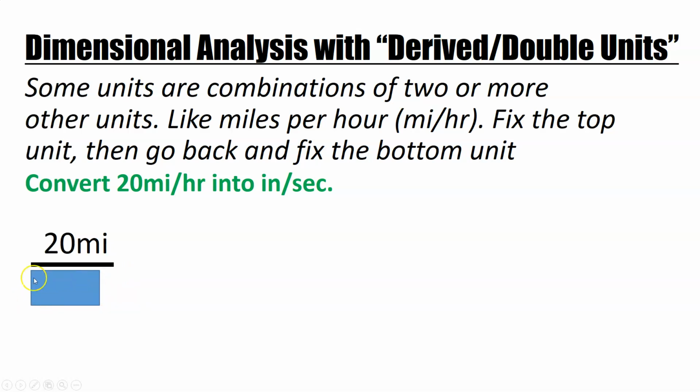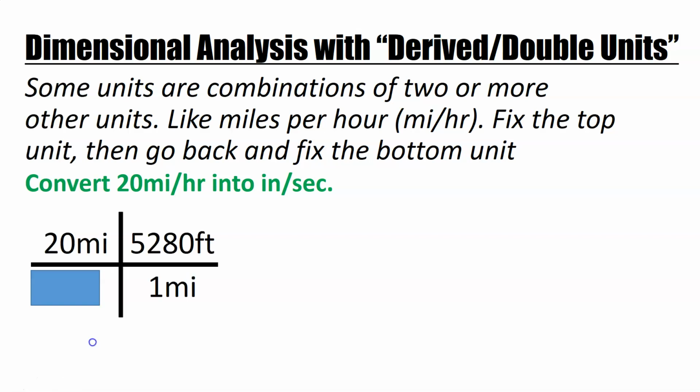I'm just going to cover up the bottom and pretend it's not even there. I'm just going to worry about going from miles into inches for now. 1 mile on the bottom, 5,280 feet on the top.